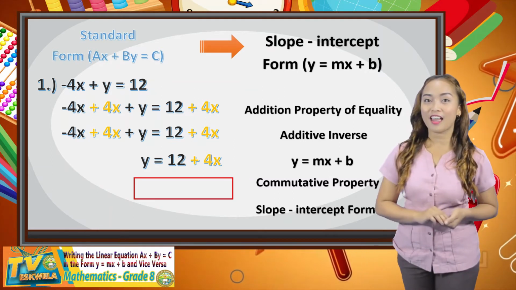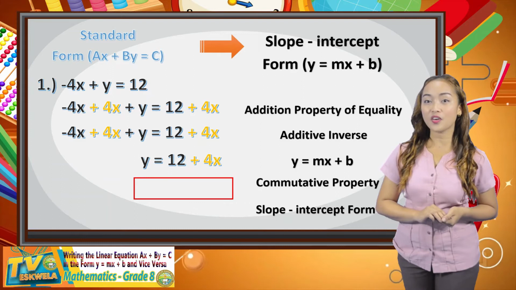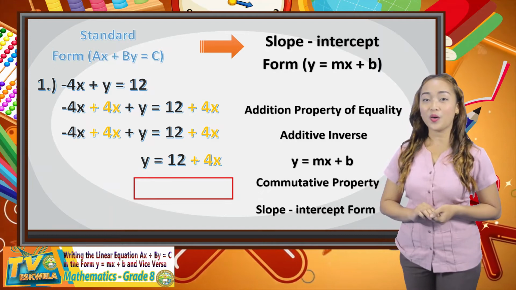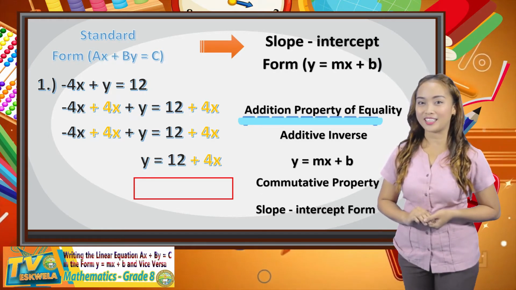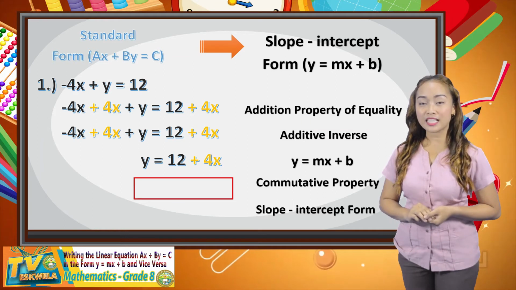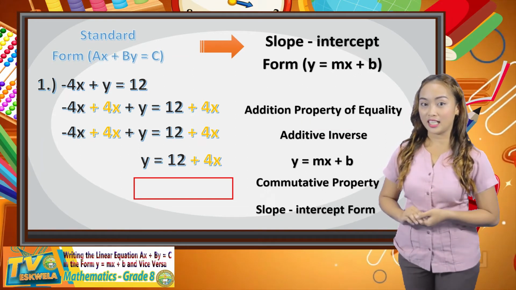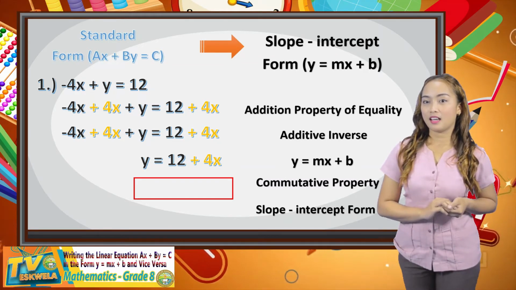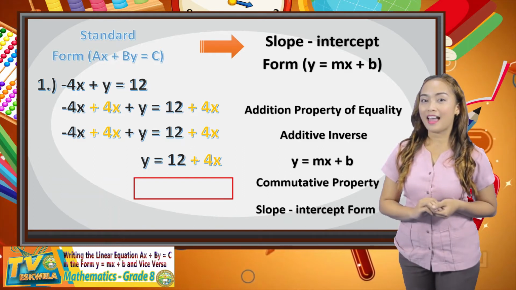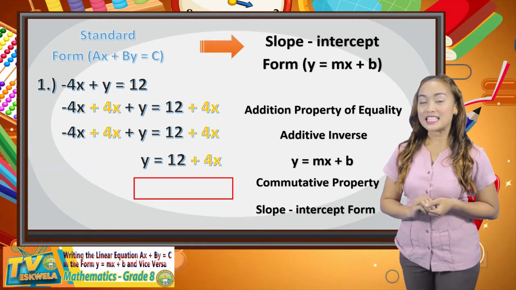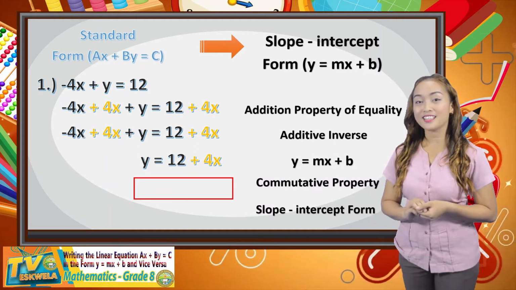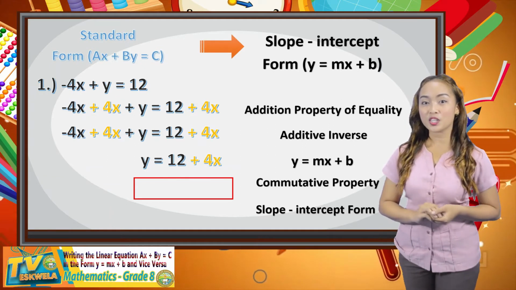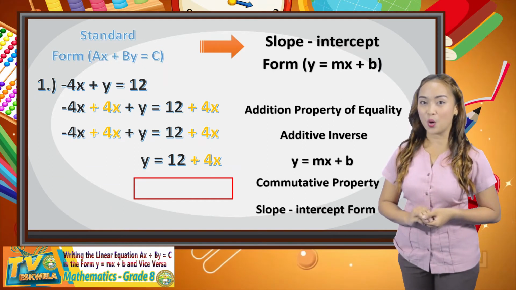Let's transpose negative 4x to the right side of the equation. How to do this? Through the addition property of equality. Let's add positive 4x on the left side to eliminate negative 4x. And the same number is added to our right side, since the addition property states that we need to add the same number on both sides to keep both sides equal.